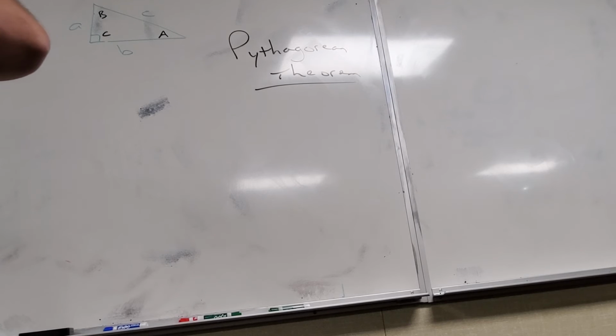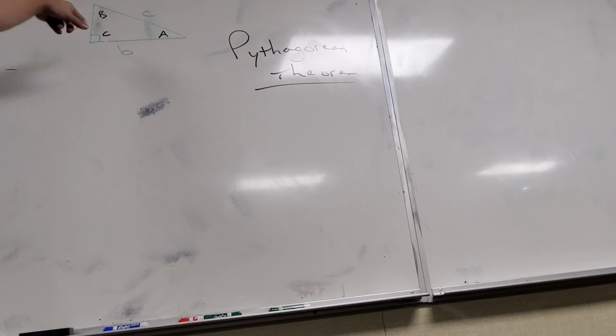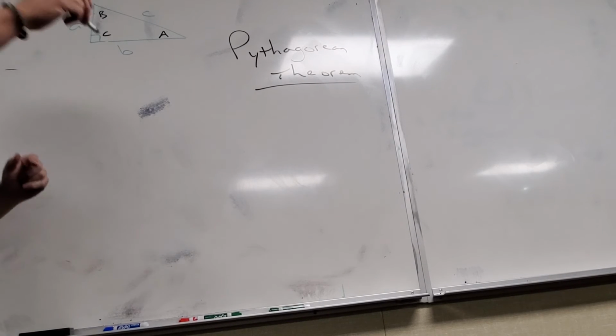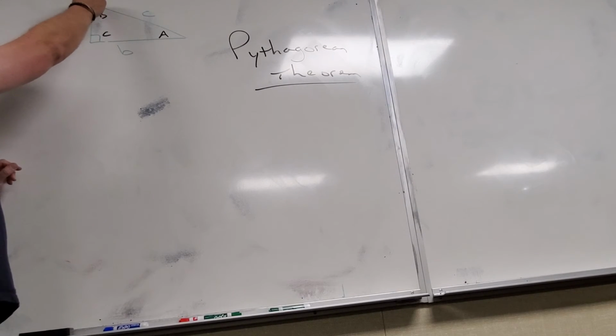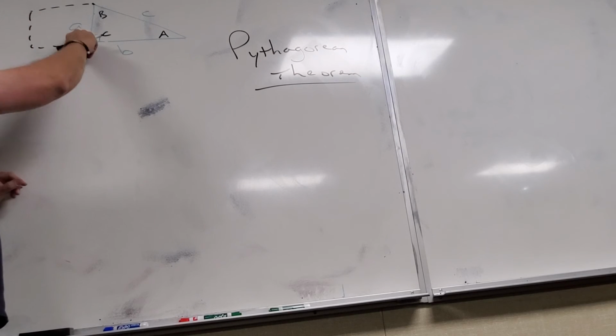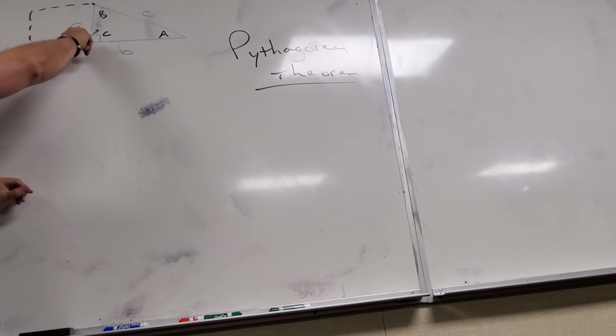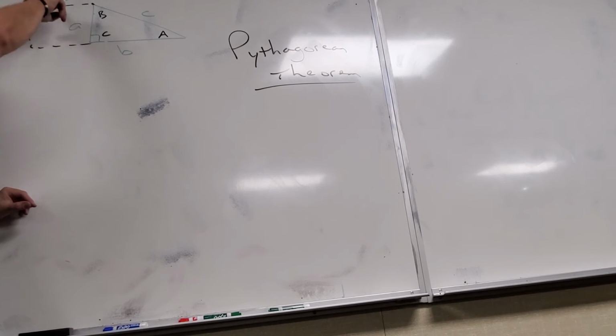Does anybody know what Pythagorean theorem says about a right triangle? So watch this. This is kind of cool. I could draw a little square off the side of this, right? And what would the area be for this square? A squared.